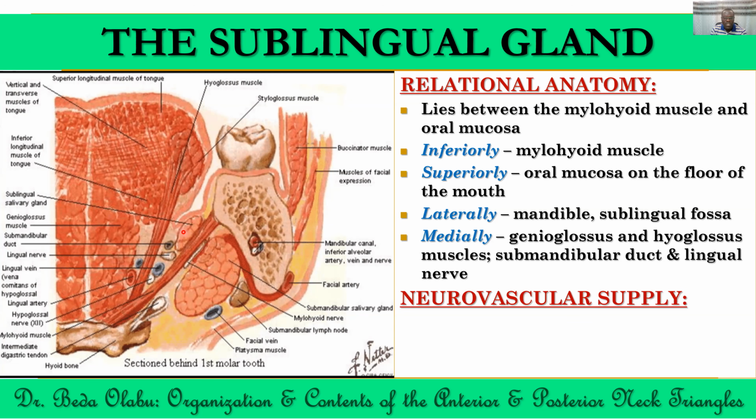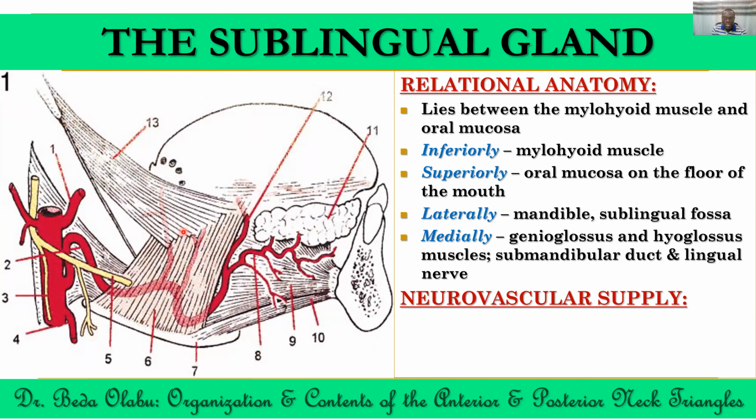In terms of neurovascular supply, the only thing I want to mention is that sublingual branches of the lingual artery supply the gland, and the submental artery, a branch of the facial artery, also supplies the gland.